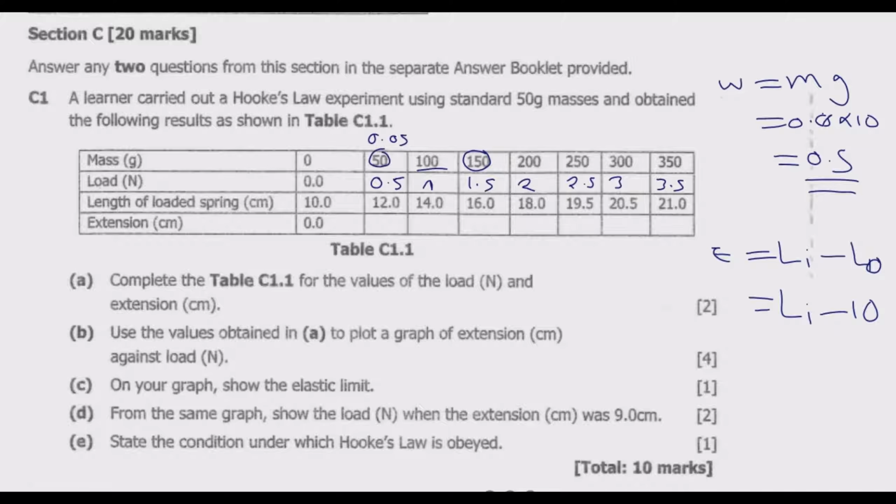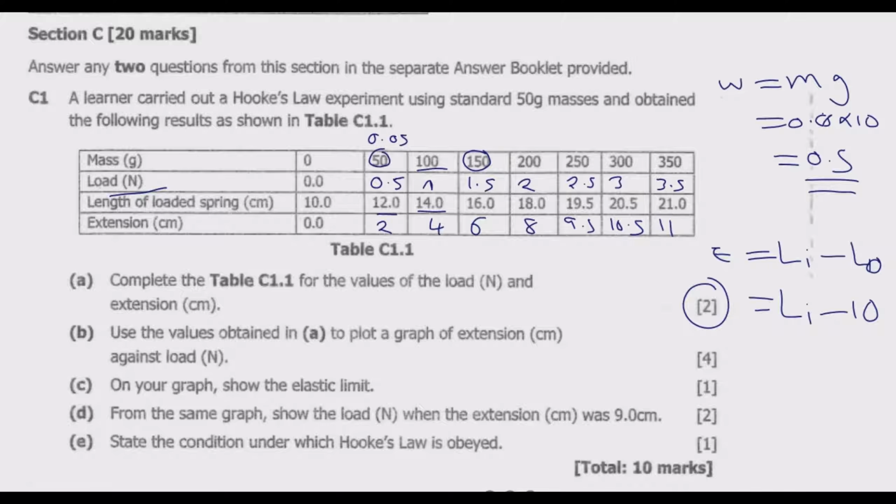When the load is 0.5 newton, or 50 grams, the extension will be 12 minus 10, which is 2. Then for this one, it will be 14 minus 10, which is 4. Then similarly like that, we have 9.5, then 10.5, then 11. This is how you complete this table to get these 2 easy marks.